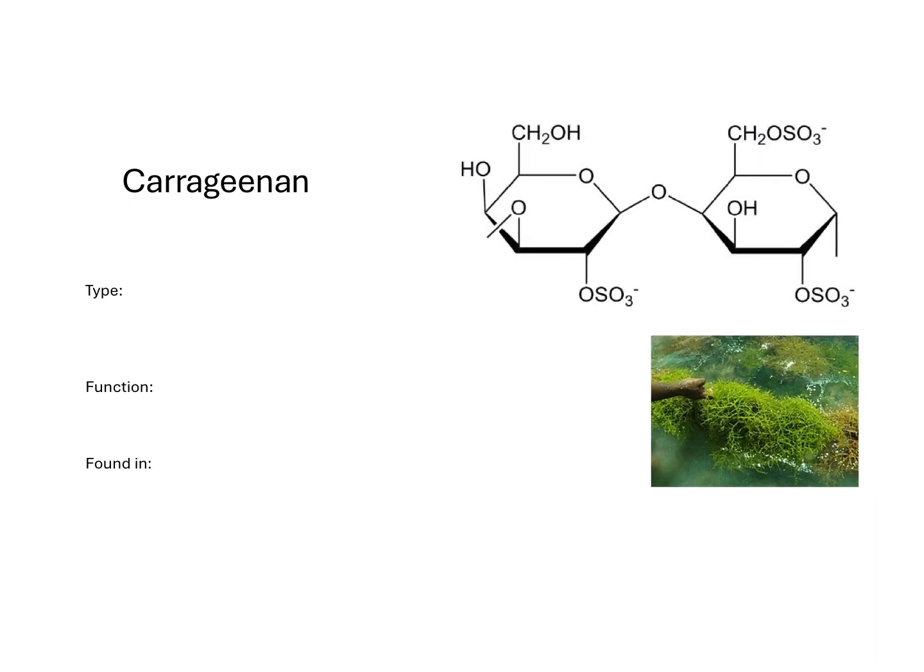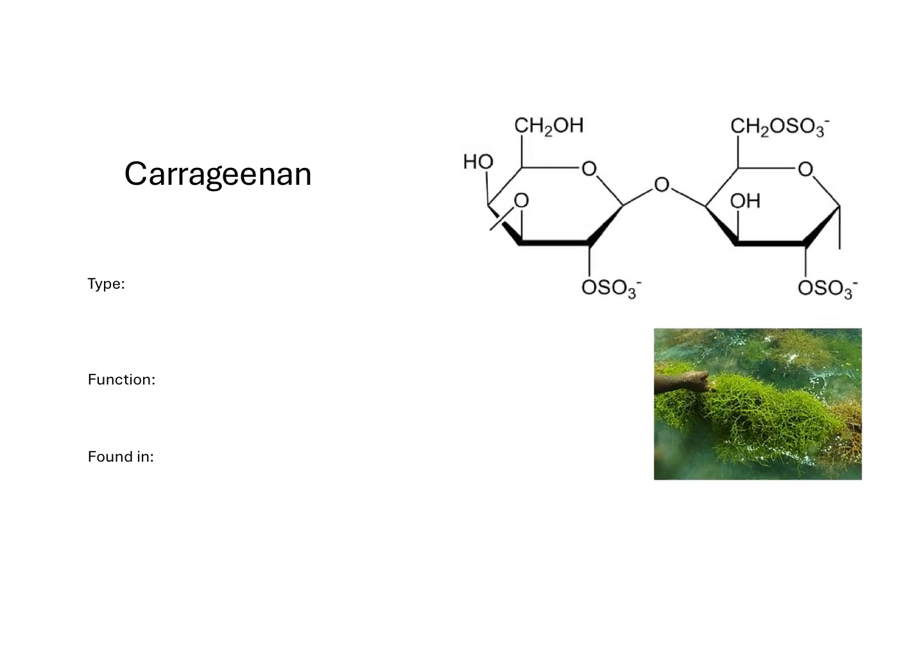Another polysaccharide that is found in cosmetics is carrageenan. This is found in cosmetics, and it is also found in a lot of foods, right? So you will see this as an additive to your food because it is a thickening agent. So this is a polysaccharide.